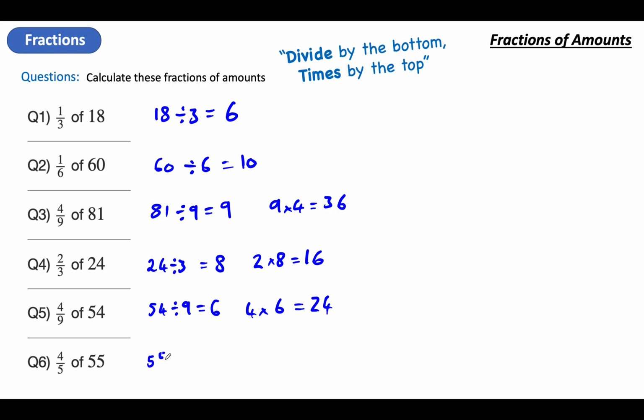Right, there's 55. Divide it by 5. Cut it into fifths. Each fifth is worth 11. 1/5 is 11, yeah? But I want 4/5. So I need 4 lots of 11, which is 44. Yeah? So you should get 6, 10, 36, 16, 24, and 44.